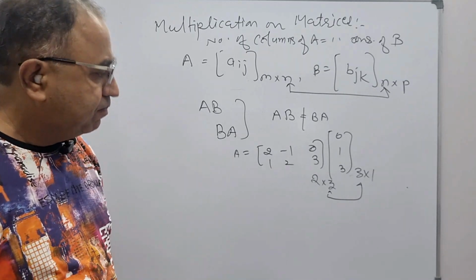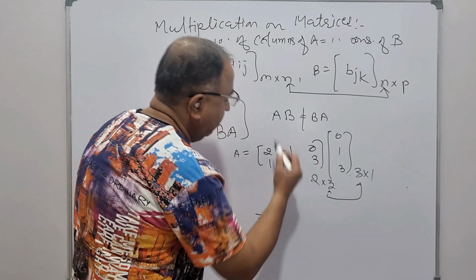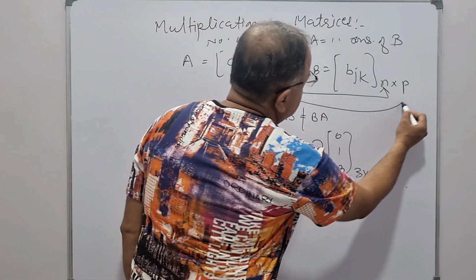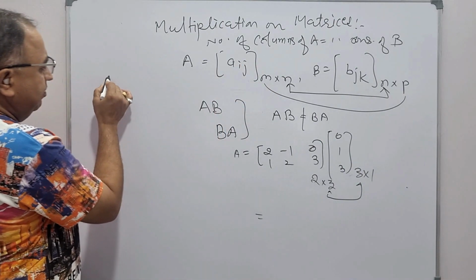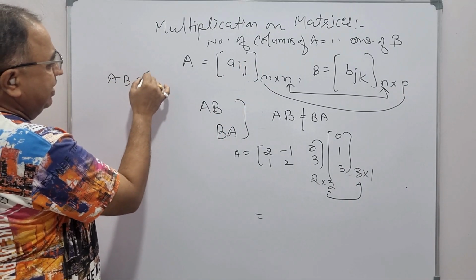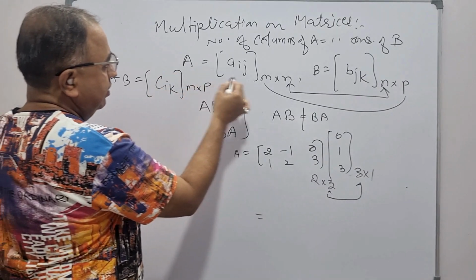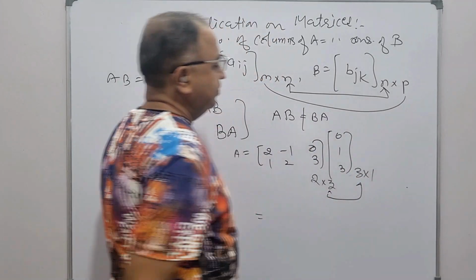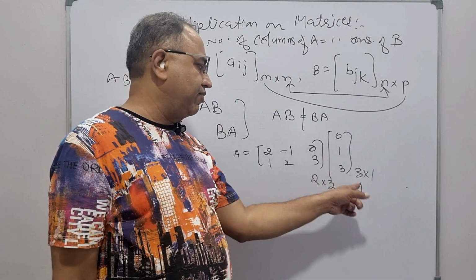So AB is possible. Now how to multiply and how to obtain AB? And what will be the order of AB? The order of AB will be m cross p. So whenever you multiply AB, and if it is possible, the result will be a matrix of order m cross p. Like A is a matrix of order 2 by 3, B is a matrix of order 3 by 1.